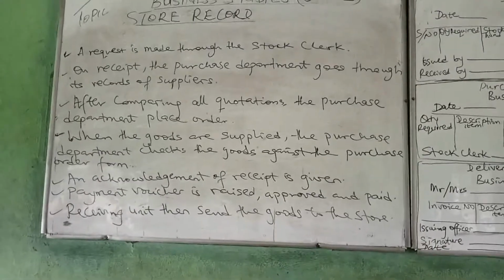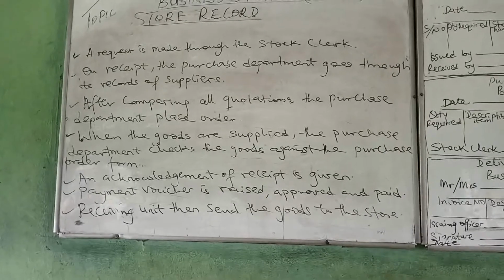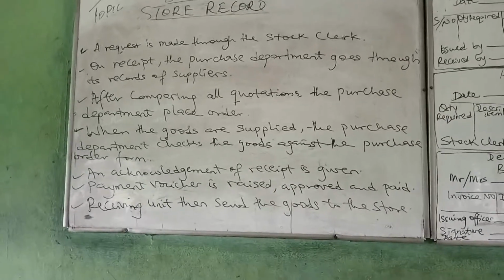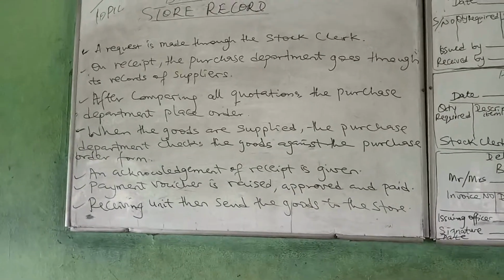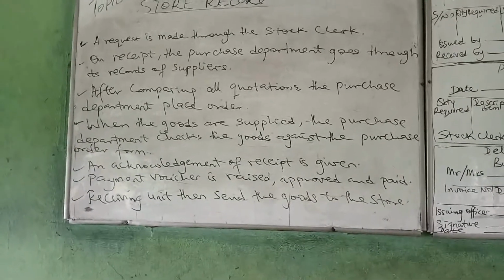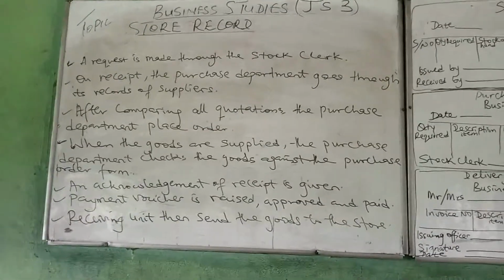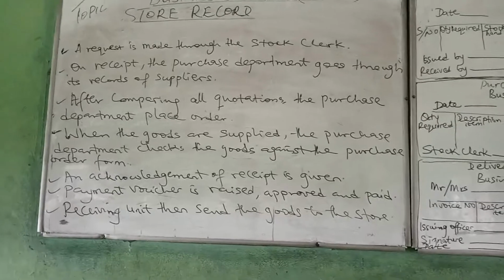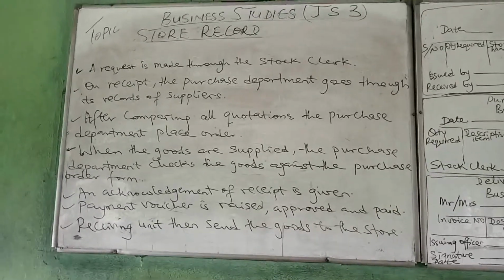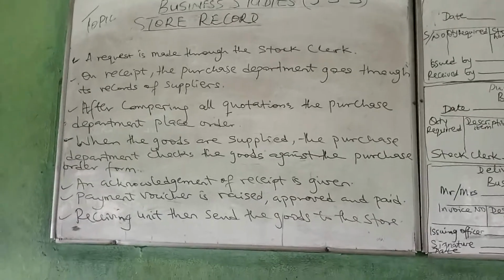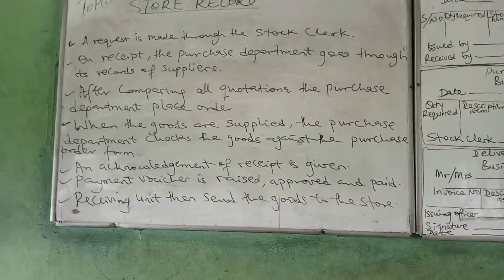The second procedure is that on receipt, that is when the purchase department receives it, they go straight through their record of suppliers. You go to the document where they keep the names of suppliers and then find out the supplier that has what is to be purchased. From their quotations, the supplier that has a good price for the required stock is chosen.